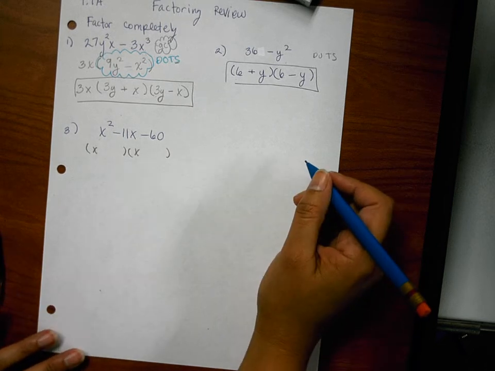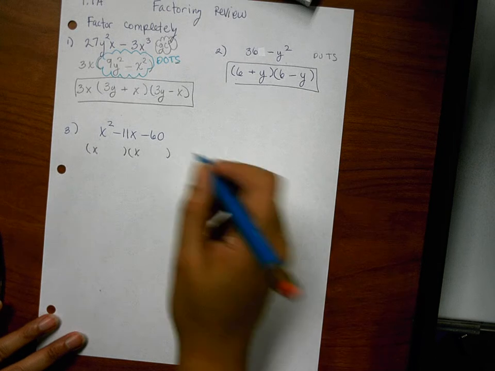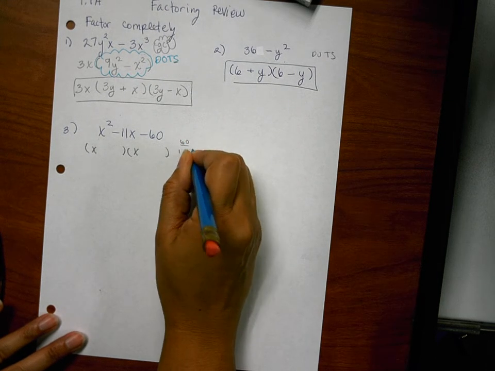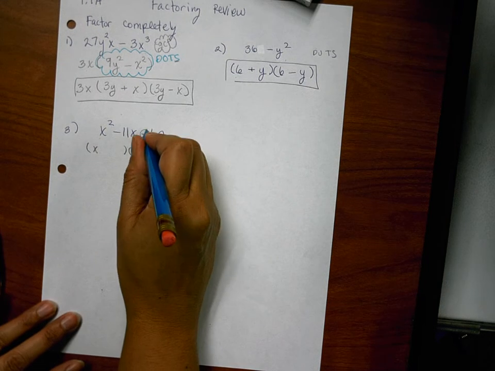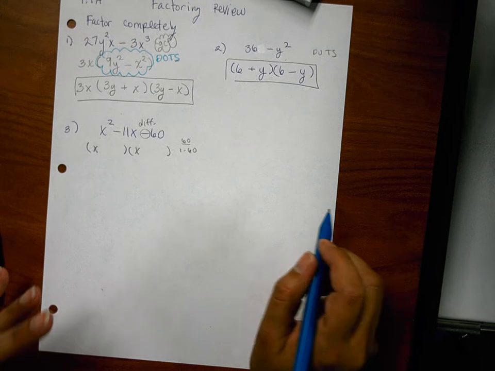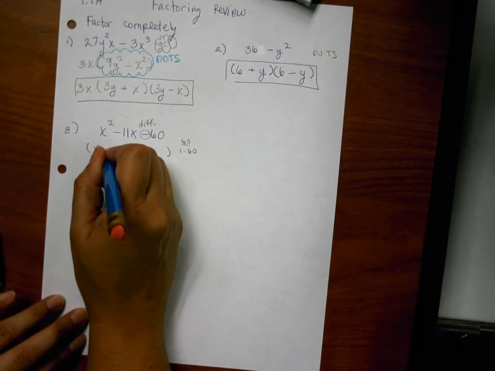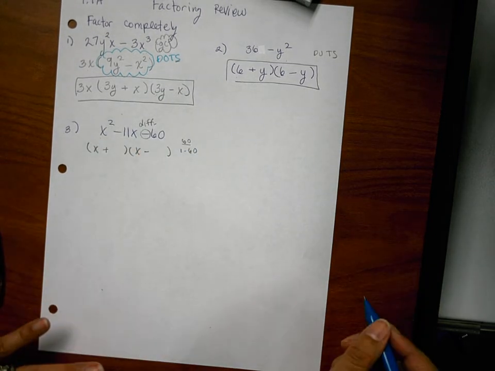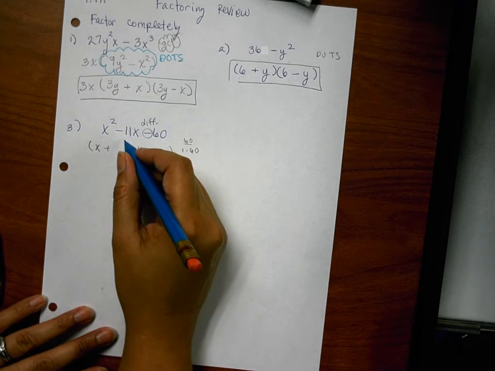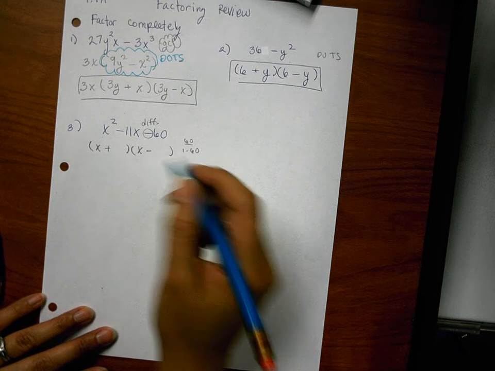You list the factors of 60. And because this last sign is negative, you know your two signs are going to be different. One is positive, one is negative. We don't know which one's which, so I'm just going to throw plus minus in there. And then we're looking for the numbers that will add up to the negative 11 when we do our inside-outside.